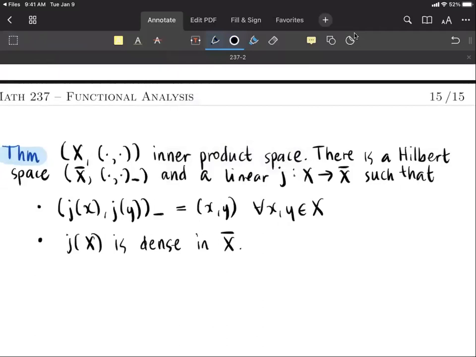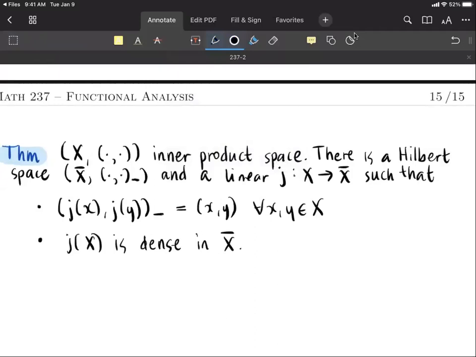This will also imply that it is norm preserving, hence distance preserving, hence an isometry. And again, the image of this map is dense in the Hilbert space.